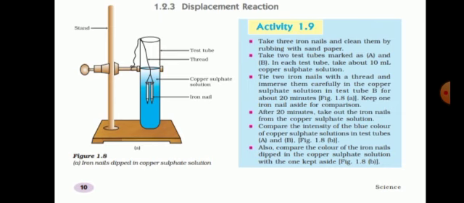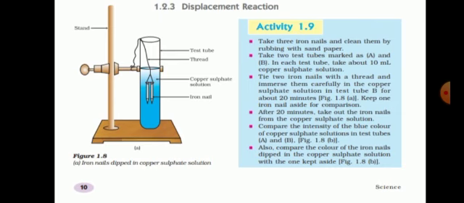Now compare the intensity of blue color of copper sulfate solution in test tubes A and B. Also compare the color of the iron nails dipped in the copper sulfate solution with the one kept aside. So you should check whether the color of the iron nails changed after this reaction or not.